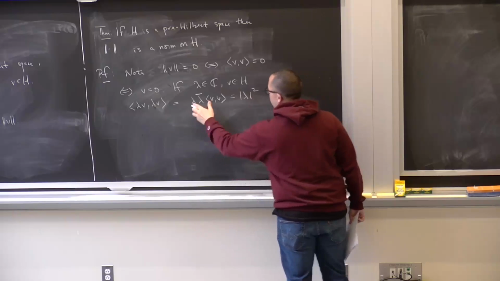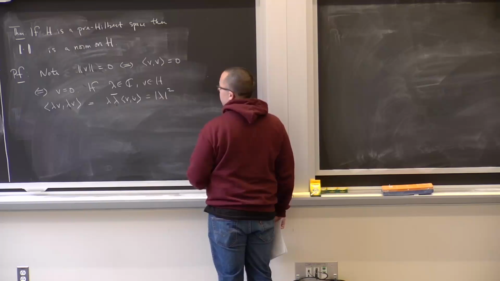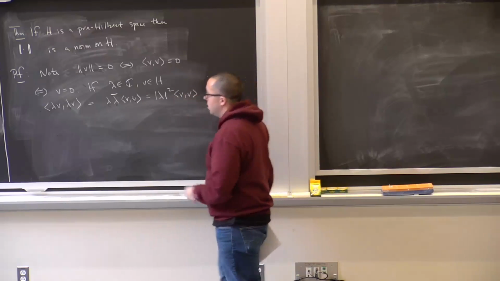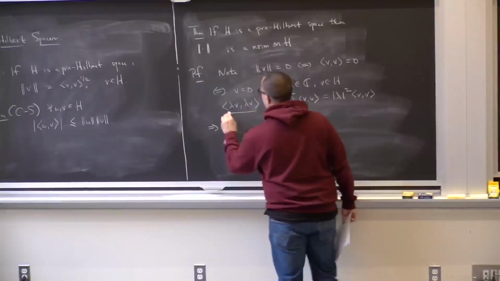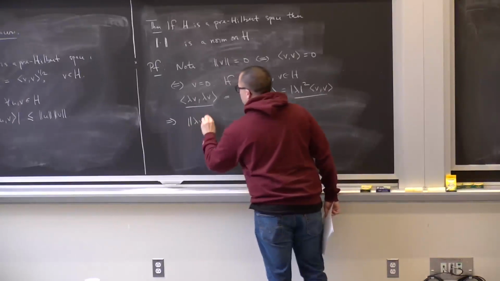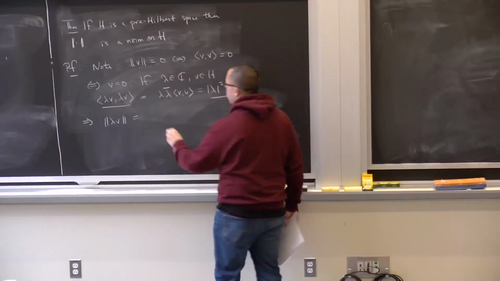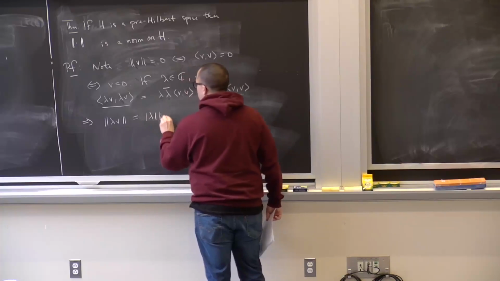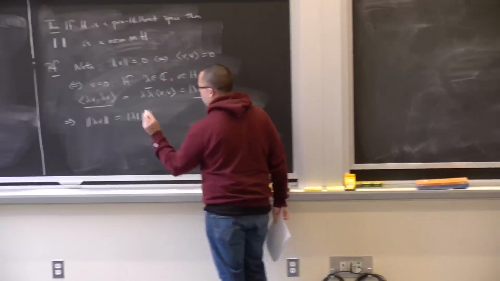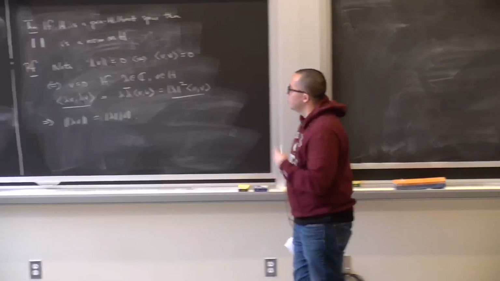And then, of course, a complex number times its complex conjugate gives the absolute value of that complex number squared. So taking the square root of both sides, I get that this quantity is equal to the absolute value of lambda times the norm of V, which proves homogeneity of this function on H.